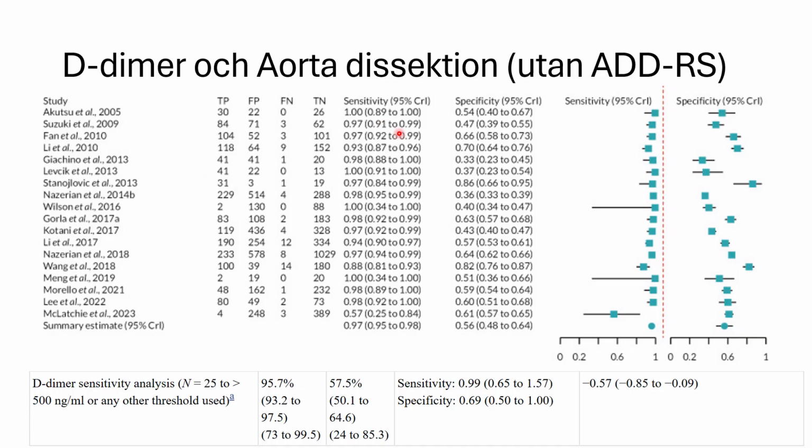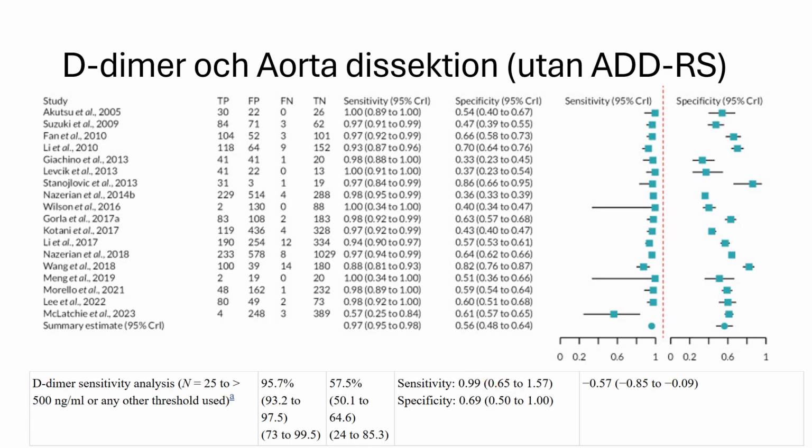And this is just an overview of the different studies on D-dimer and aortic dissection. So there's been a lot of these studies, right? The sensitivity is somewhere around 90 something percent. I think the sensitivity is 0.99, but with a spread of a little bit more.